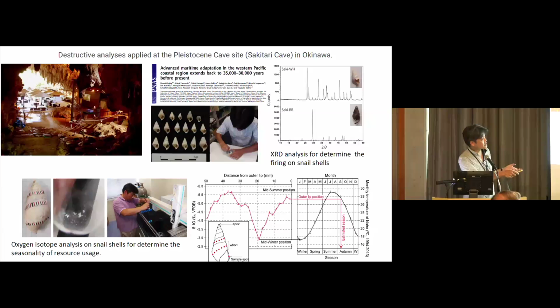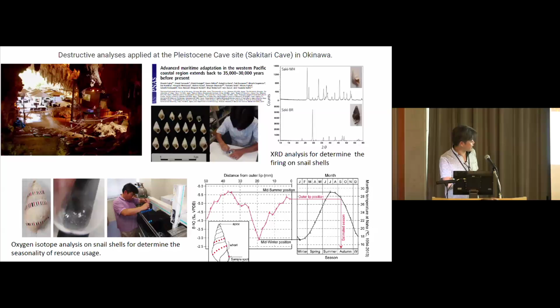The black colored ones showed the calcite pattern, while the white ones show the aragonite pattern in the XRD result. So we were able to confirm that the dark colored ones were fired, burnt specimens. So they were probably consumed by humans as food.